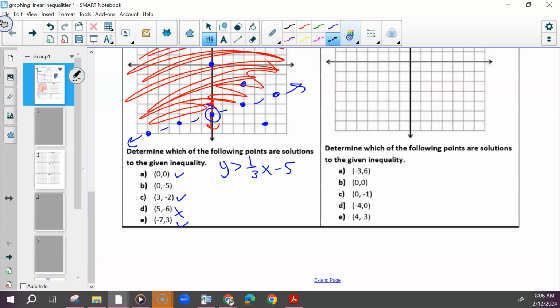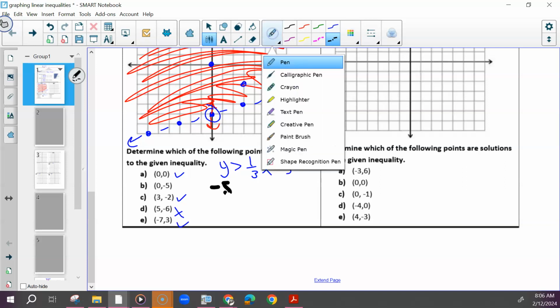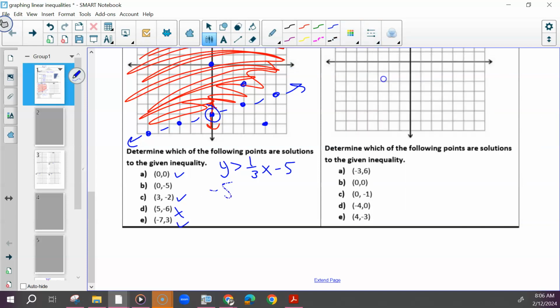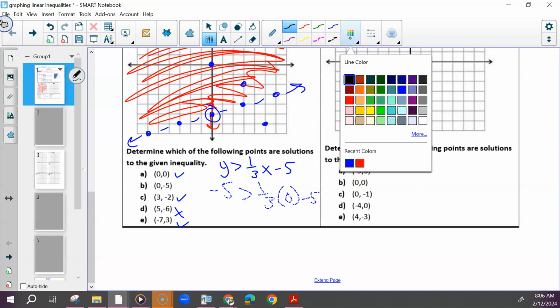If I were to put this point in for x and y, we have -5. Makes sense. Okay, this line is greater than 1/3 times 0 minus 5.